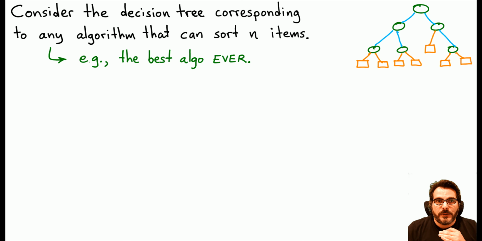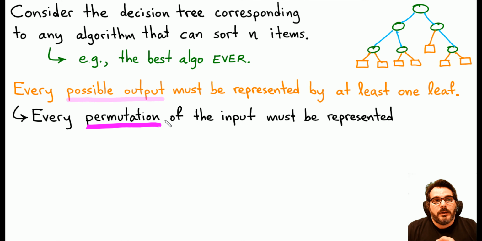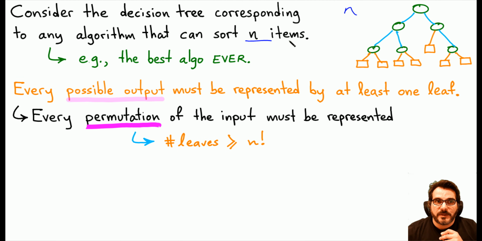Doesn't matter whatever it is, like number of inputs, and you have the outputs, which is the permutation. And as I said, the number of leaves needs to be greater than, if I have n elements, n items here, then I will have at least n factorial leaves, if there are no duplicates.